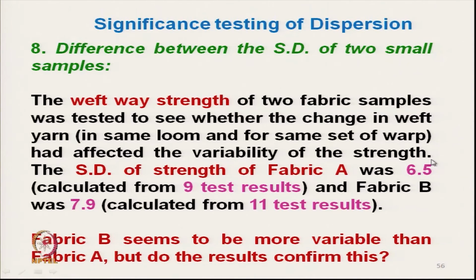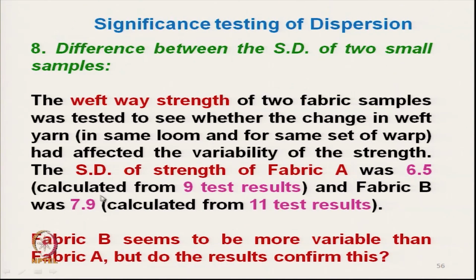The standard deviation of strength of fabric A was 6.5, calculated from 9 test results, n1 equal to 9, and fabric B was 7.5, n2 equal to 11. So, we have to test that variability. Here we can see the standard deviation of B was higher.